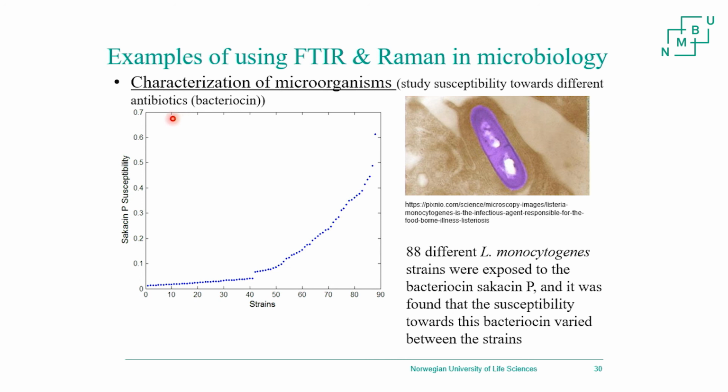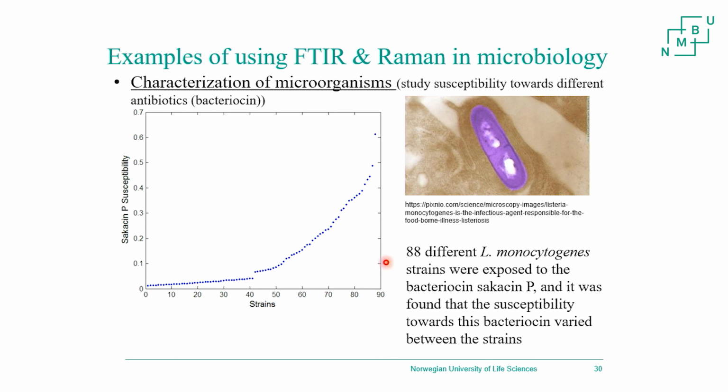Here we have been using the antibiotic bacteriocin, and by doing both reference susceptibility analysis and spectroscopy, we were screening 88 different strains of Listeria monocytogenes, which were exposed to the bacteriocin SKSNP.